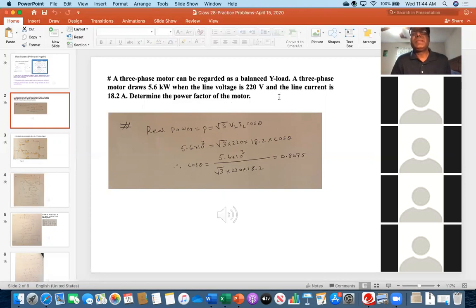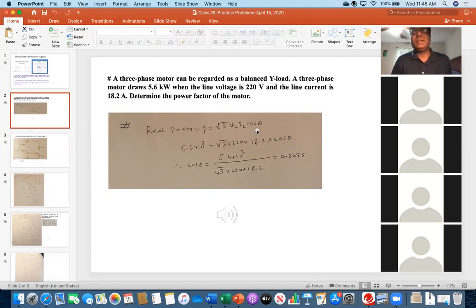Just by looking at the problem, the power rating is given, the voltage value is given, and the line current value is given. So real power P equals root 3 VL IL cos theta. Do you remember that in the last class for the three-phase system we showed this equation?